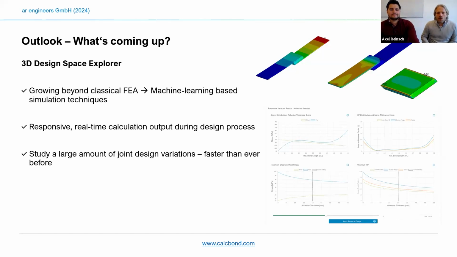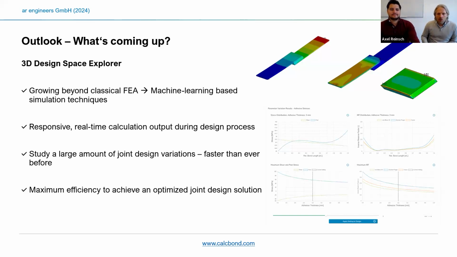And therefore, we need to train that model and then bring that model into the platform, so you can access that machine learning model from the client side. And this way you can study a large amount of joint design variations very fast and very straightforward.